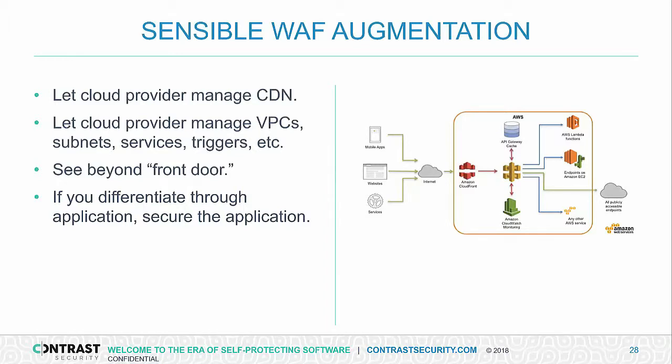Let the cloud provider handle all the subnets, all the services, any kind of inter-service triggers that go on between the AWS services. And I would focus on looking beyond the front door. And the reason is that if I'm going to differentiate my business through my application, then I should focus on securing that application, not creating a different AWS topology that AWS already creates and competing with them in their own environment.